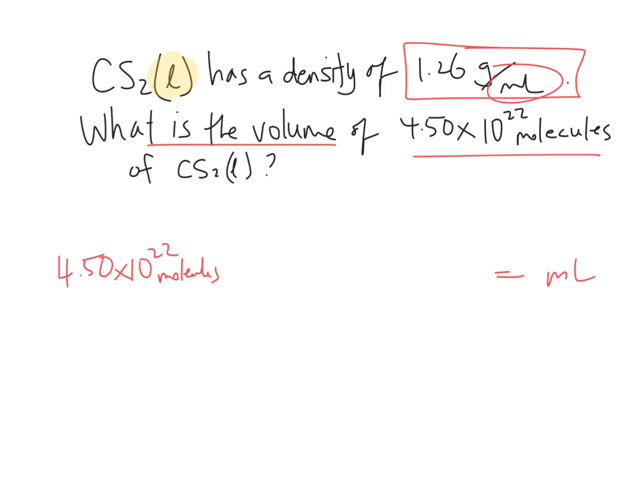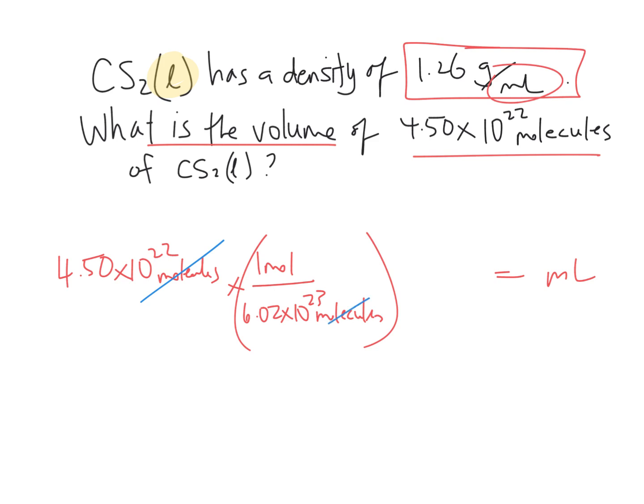So let's transform this to moles by saying in every 1 mole there's 6.0 times 10 to the 23 molecules. That's going to get rid of the term molecules. So, ba-boom, now we've got the thing converted to moles.